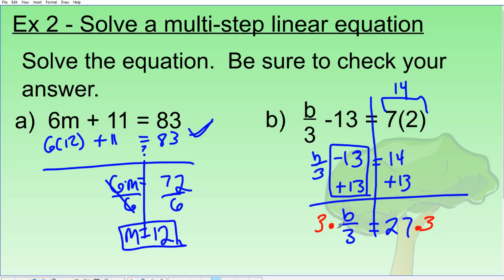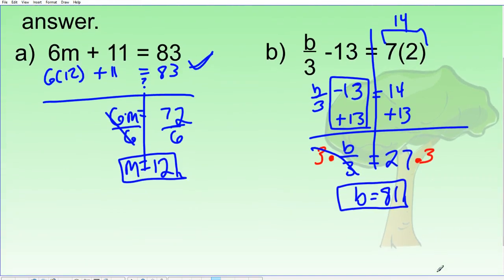So 3 divided by 3 is 1b, which is what we wanted. There's 1b now. 27 times 3 is 81. Okay? Get rid of add and subtract before multiply and divide. The multiply and divide, the coefficient, is always the last thing you're going to get rid of.